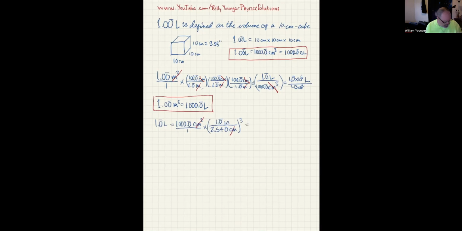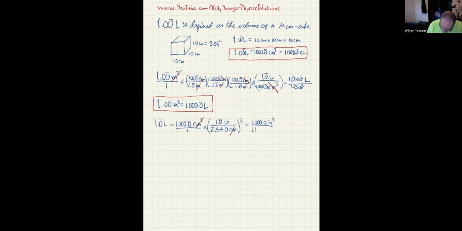So I can see that 1.00 liter is in fact equal to, basically I'm going to do 1,000 cubic inches. And then on the bottom, I'm going to do 1 times 2.54 times 2.54 times 2.54. And let's see what that is. 1 times 2.54. Now, actually, I'm not really writing 2.54 3 times. I'm just using the caret symbol on my calculator and hitting the 3 after it.